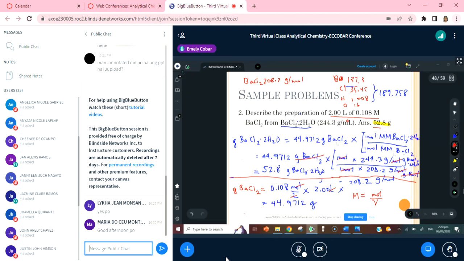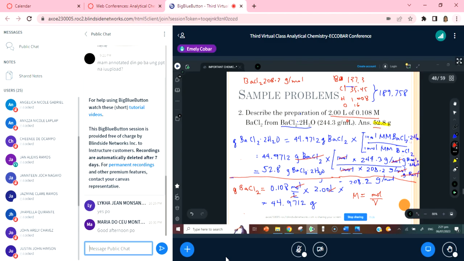Yung nandun sa numerator natin, yun yung ating sought for, yung hinahanap natin, gram barium chloride dihydrate. So, molar mass ng barium chloride dihydrate. Okay? Next now, if I have 1 mole of barium chloride dihydrate, ilan ang barium chloride na nandoon? Pag tinignan mo yung formula, 1 din, di ba?